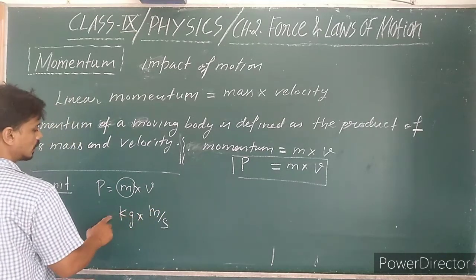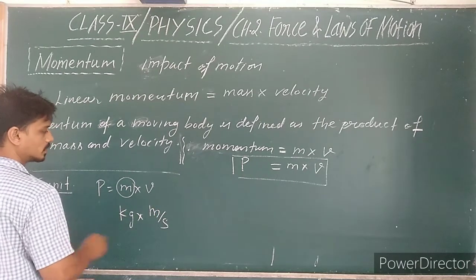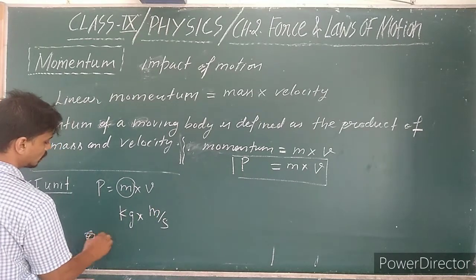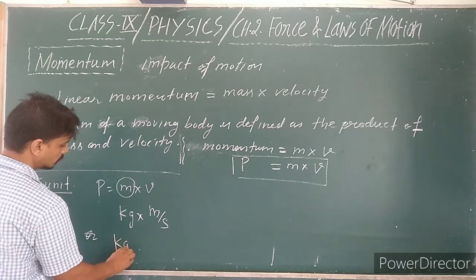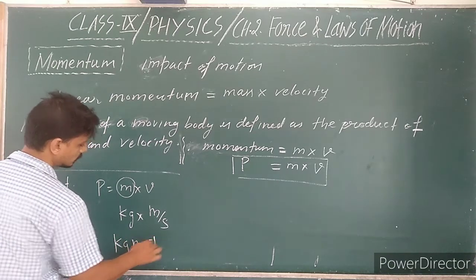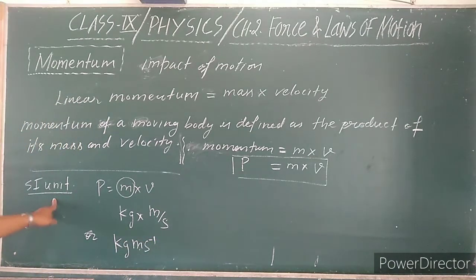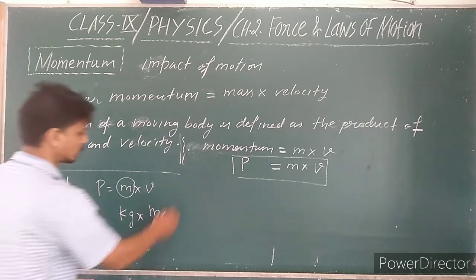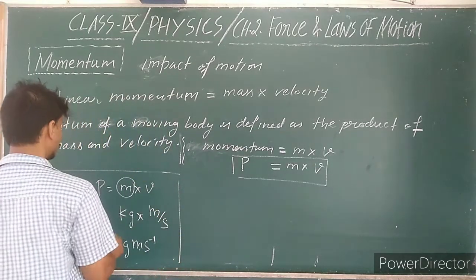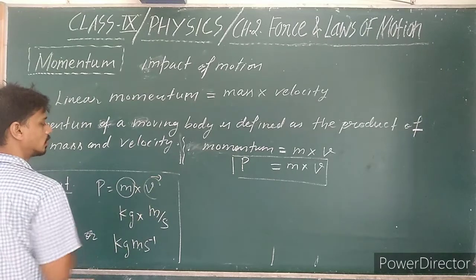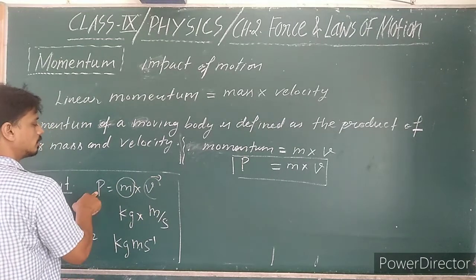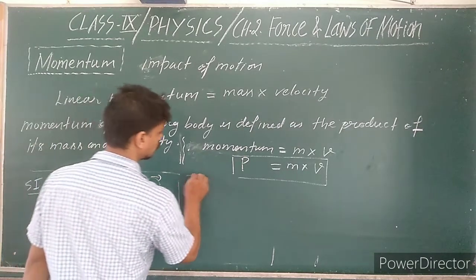So momentum is kilogram into meter per second, or we can write it kg m s^-1. Okay guys, this is the SI unit of momentum, and because velocity is a vector quantity, momentum is also a vector quantity.